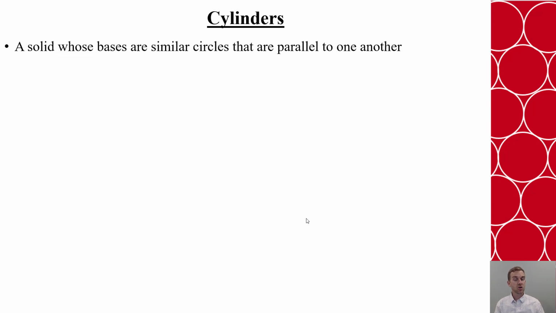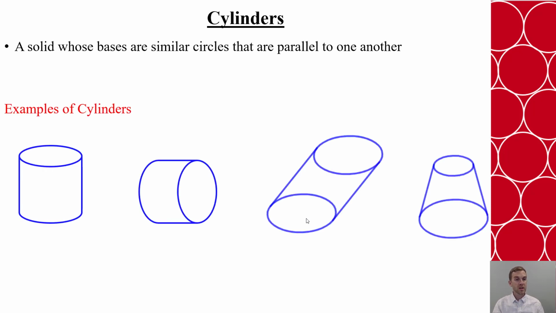Now, as I mentioned earlier, cylinders use circles for that solid that's parallel to one another. They can be congruent or similar. So when we think about different types of cylinders, we think, where is the base? And say, does that pull through the entire shape? In this case, yes. If I look at the second one, the cylinder is going from left to right.